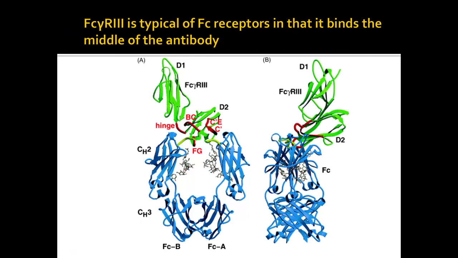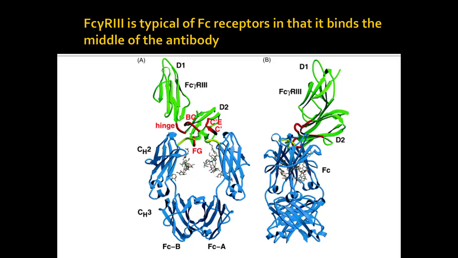The only thing that you can exclude from our list previously, by the way, is the Fc gamma R3. And it actually binds the middle of the antibody. So you see the other ones were binding down here, sort of at the knee between CH3 and CH4. This is actually binding the knee between CH2 and CH3. This is binding sort of in the middle.